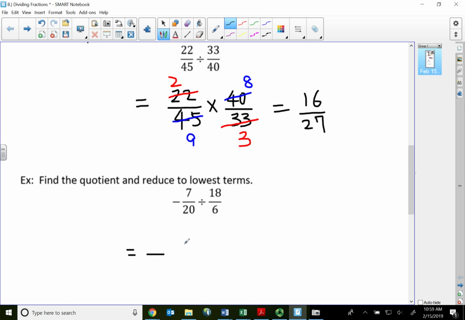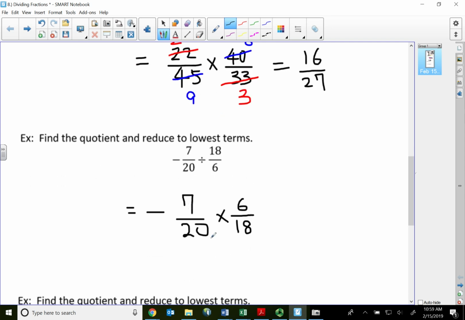So negative 7 over 20 divided by 18 over 6. Division of a fraction means times the reciprocal, which will become 6 over 18. I know my 7 on top cannot be reduced with 20 or 18 down here.